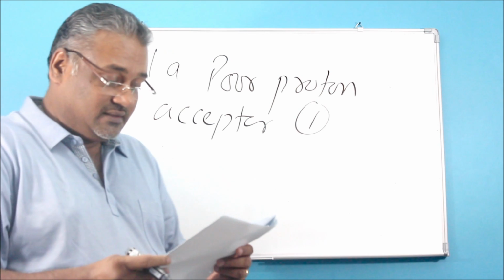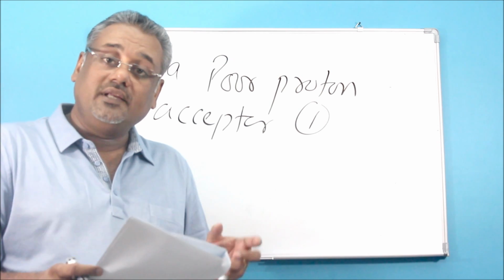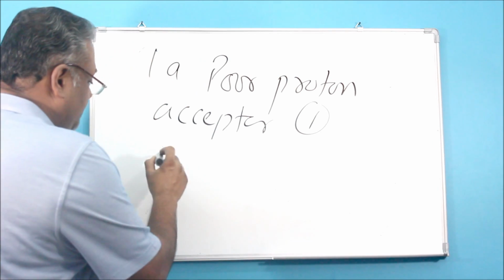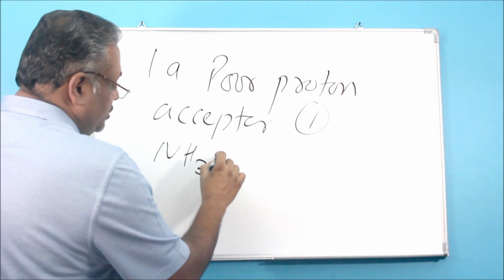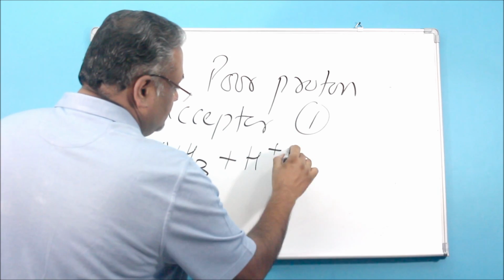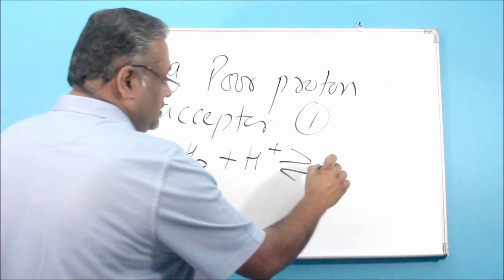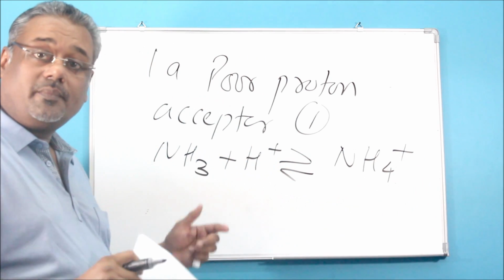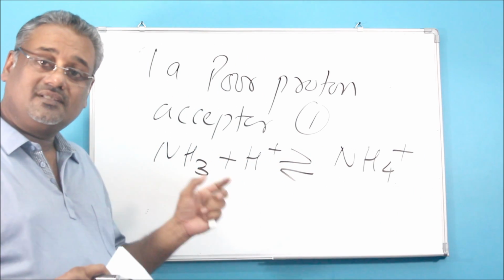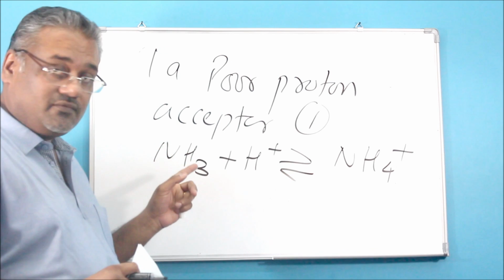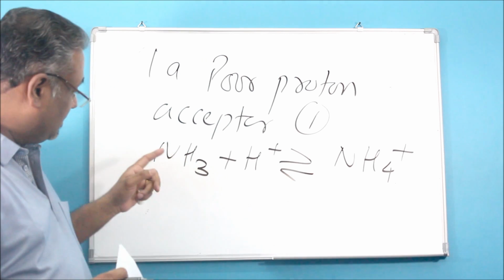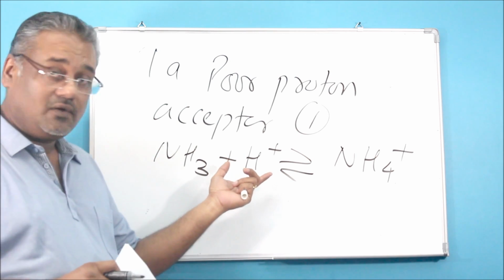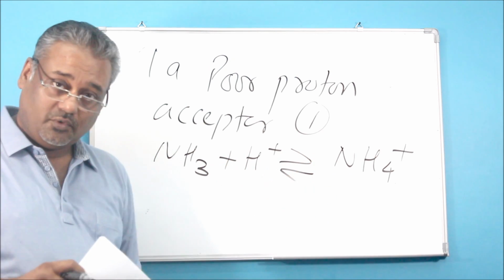And the question says you must use ammonia to explain your answer. So you could go for an equation in which you show ammonia gaining a proton. When ammonia gains a proton, it changes into an ammonium ion. You could look up topic 3 of your syllabus, where you study the structure of ammonia. Nitrogen has a lone pair of electrons, and that helps it connect with the proton with a dative bond to form ammonium.